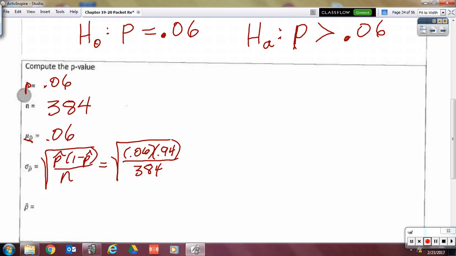Now, there has been some problem with the accuracy of you guys trying to solve this, so you might put it in your calculator right now and see if you're able to do that. I would compute the entire inside first, and then after you compute the entire inside, take the square root of that. That way there's no question as to whether or not you've gotten the order of operations correct. It should give you the answer 0.012. If you got that, then you did that correctly in your calculator.